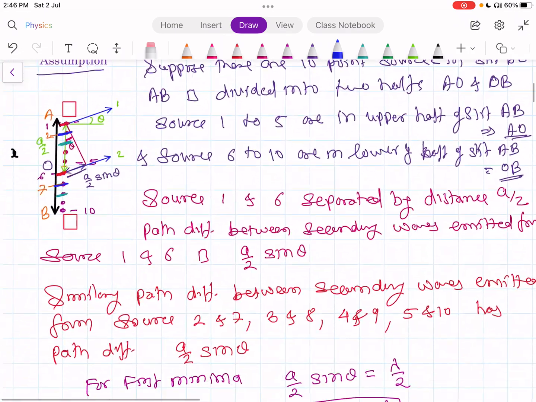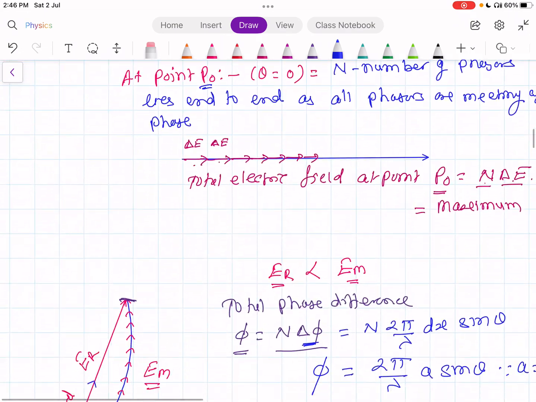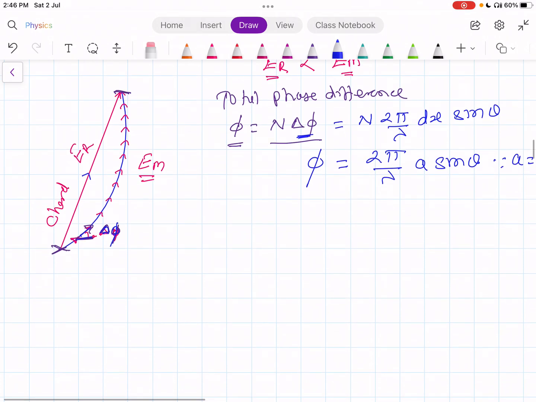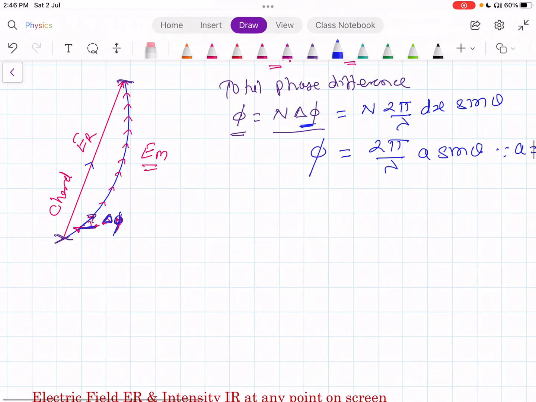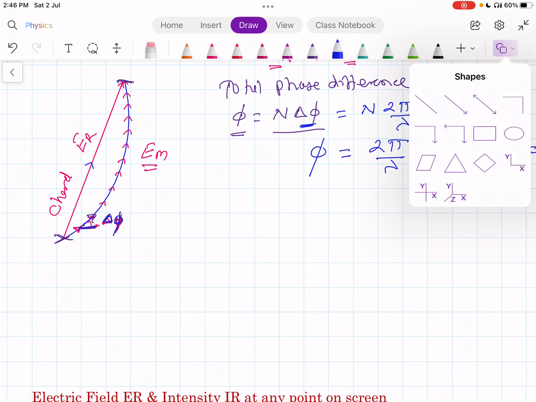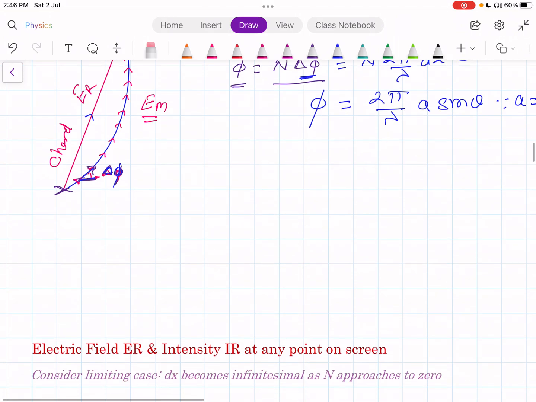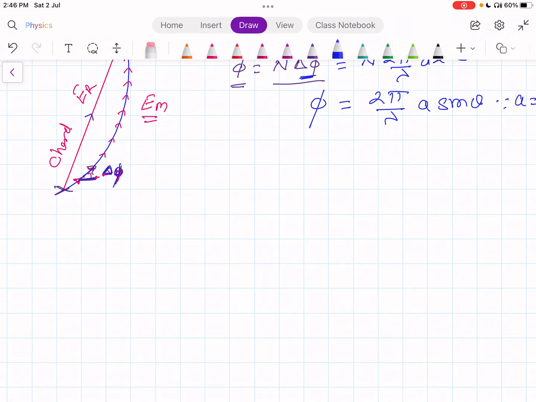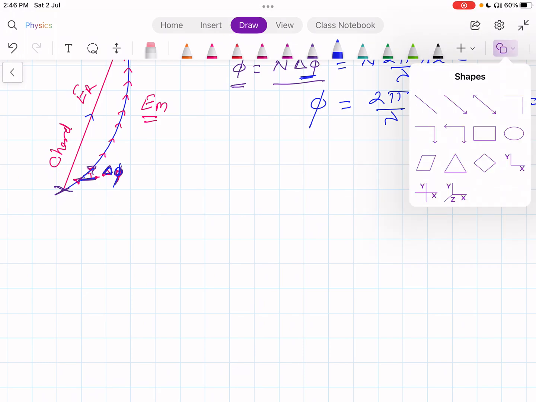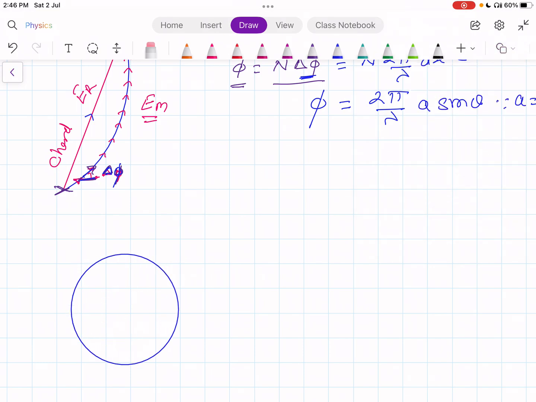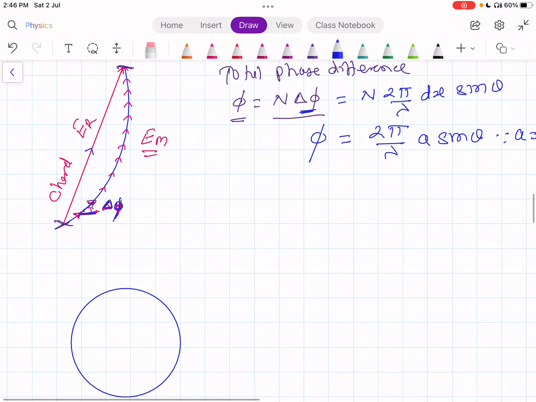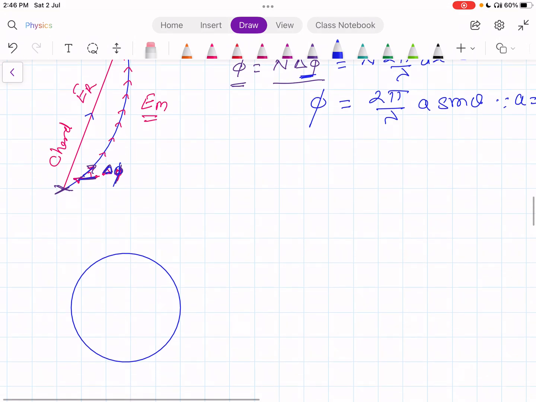So as theta is increased further, at a certain angle, this chain of phasors will form a closed path. We are increasing the theta. As we are increasing the theta, the chain of phasors will form a closed path like this. This arc will become more and more curved, and then at a certain angle theta we will get the circle.